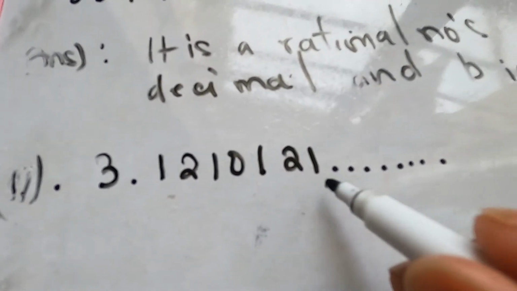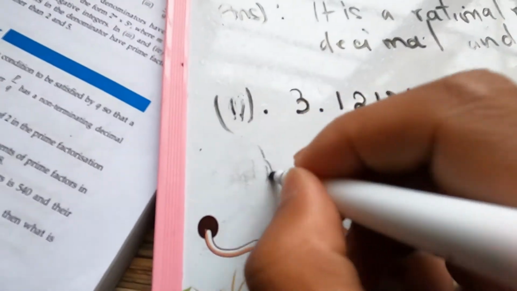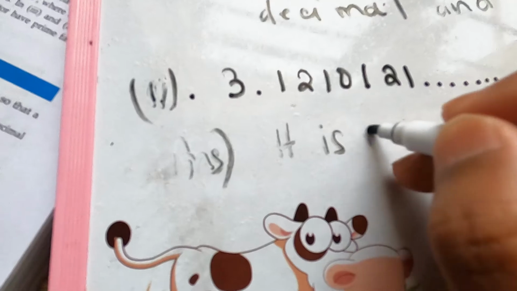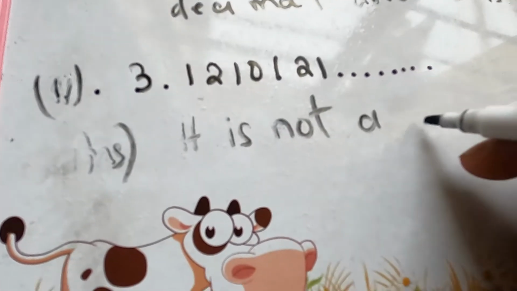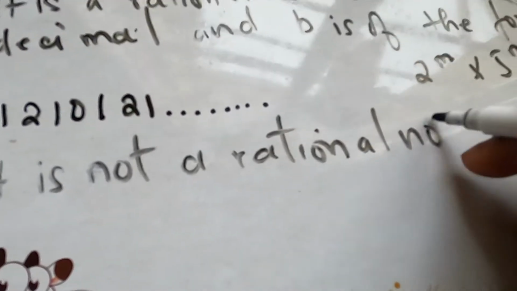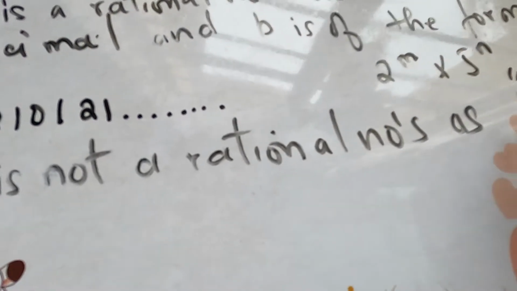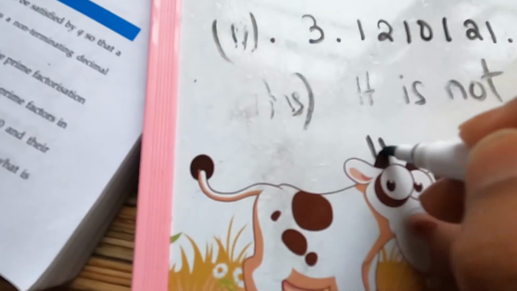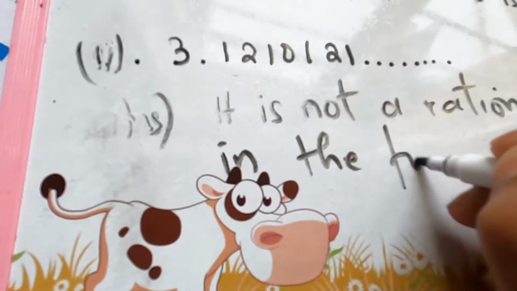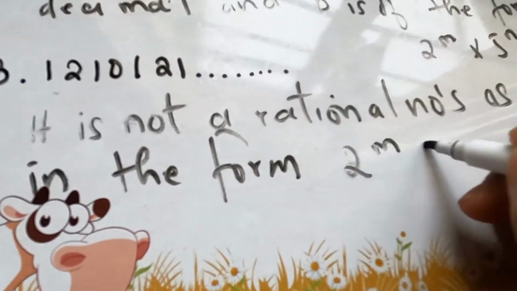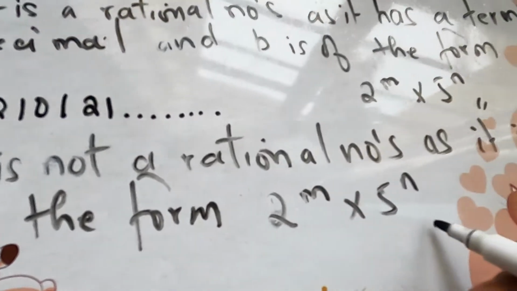So in this case we can simply write: it is not a rational number, as it is not in the form 2 to the power m into 5 to the power n.